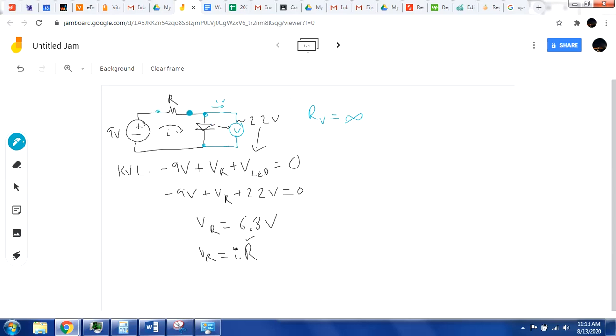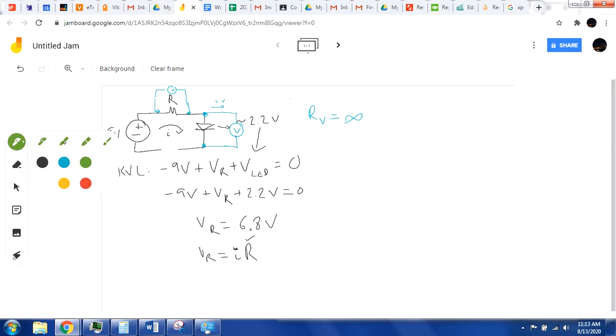So when we measure voltage, we connect in parallel. If I wanted to measure voltage here, I'd literally take my voltmeter probes and put them there. Now, if I wanted to measure current, that's a little different. Current has to be measured in series.